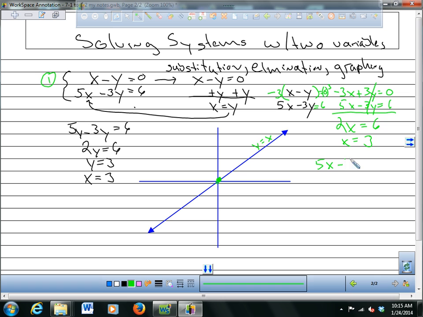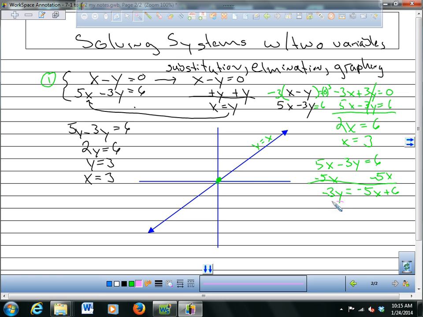So if I have 5x minus 3y equals 6, and I subtract 5x from both sides, like that, that gives me negative 3y equals negative 5x plus 6. Then what? I want to get it in y equals form.